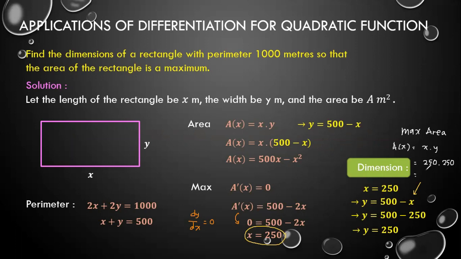You'll find that it is 62,500 meters squared. That's the maximum area. Is it clear to everyone? Okay, that's very clear.